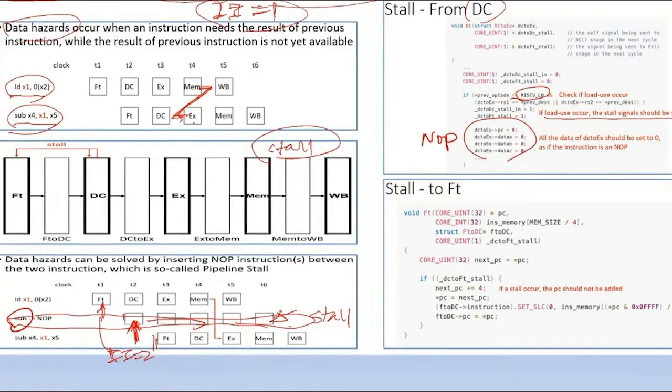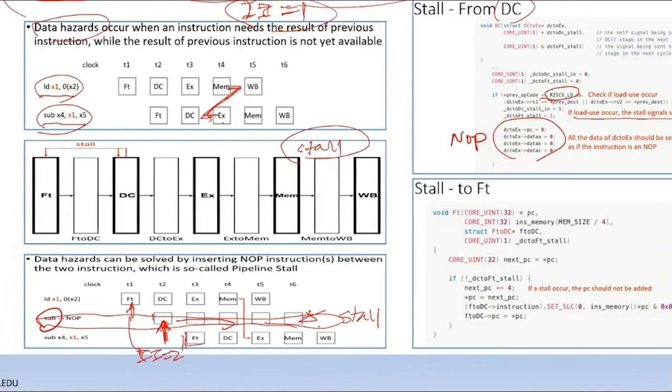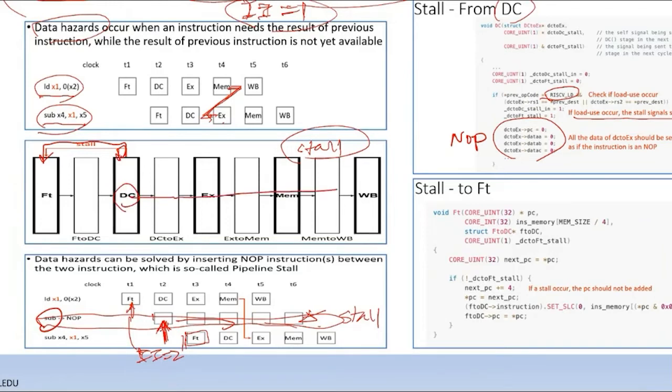And then you want to refetch the instruction. So that's the feedback loop. There are actually two loops here. One is you tell the following pipeline stage it is a no-op, and also you feed back the signal to the fetch stage. In the fetch stage, you freeze.